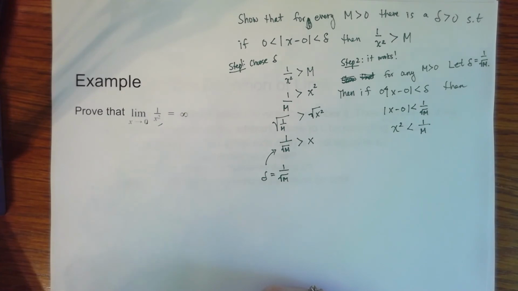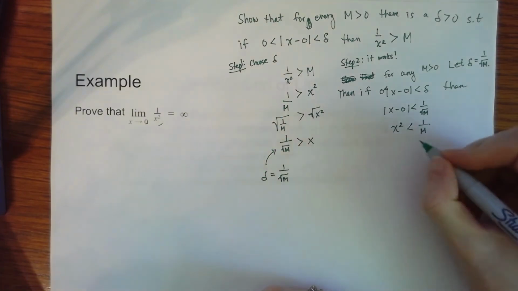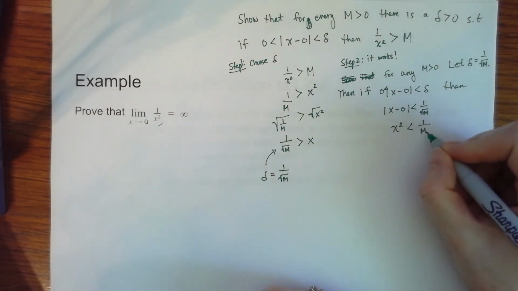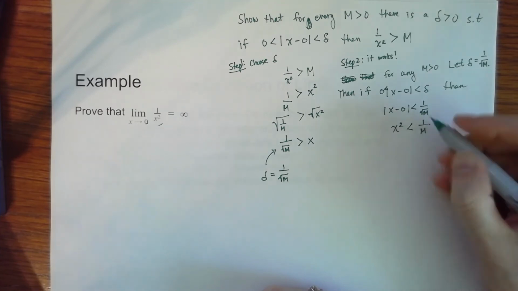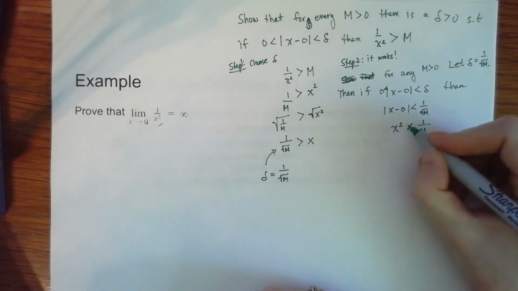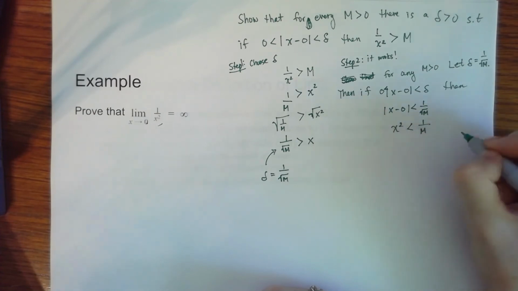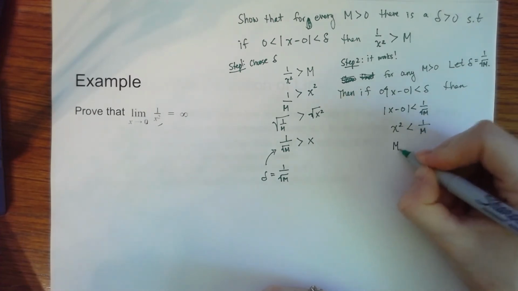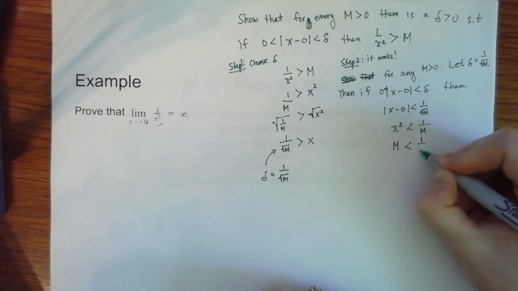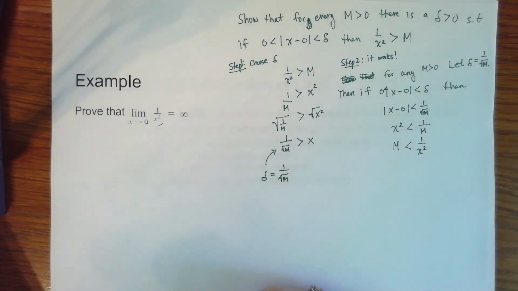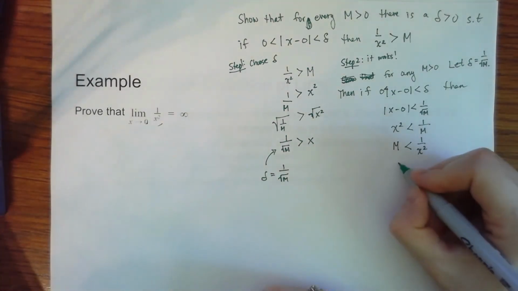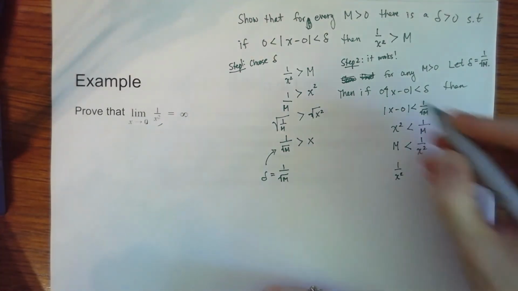Then if I multiply both sides by m, I would get m times x squared, and then divide by x squared. I'll be left with an m over here, and I'll have 1 over x squared on this side. I'll just rewrite this so it looks like that.